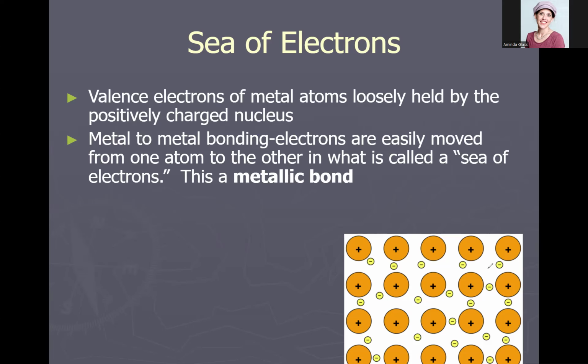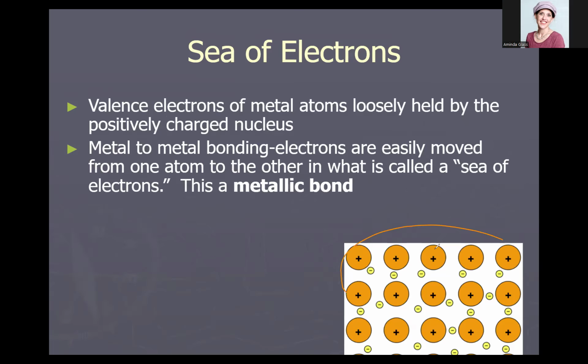So whenever we look at metals, if you look down here, you can see that we have the nuclei in the orange, and of course the nuclei are all positively charged because they just have the protons and the neutrons in them. But you have the electrons around them, and these electrons can flow from atom to atom, or from nucleus to nucleus, because they're so loosely held.